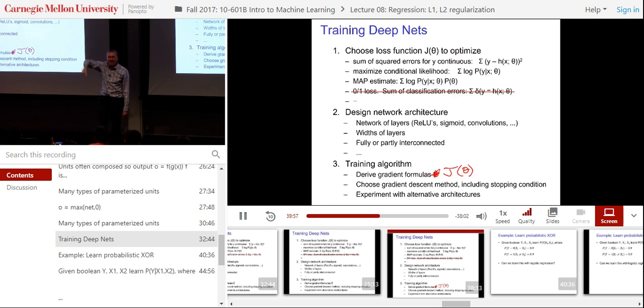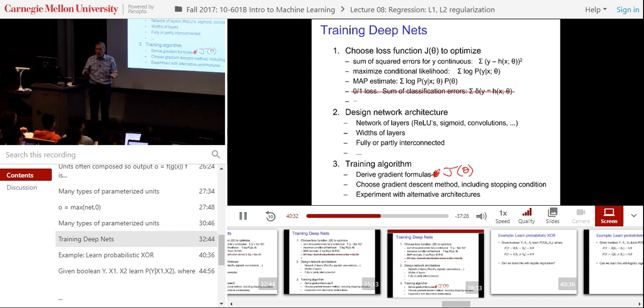But in neural nets, our loss function J of theta will be some very complicated, multimodal function of all of the parameters in the network that make up the theta vector. And so there are many local minima. That's the second driver on research toward developing variants of gradient descent to try to handle the multiple local minimum problem.